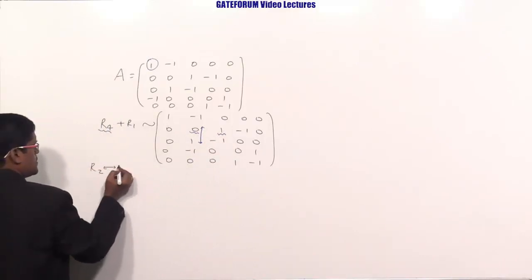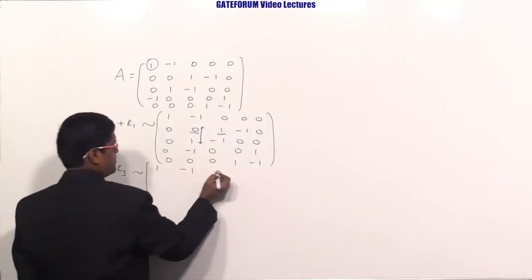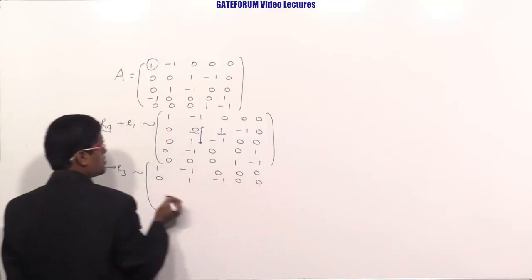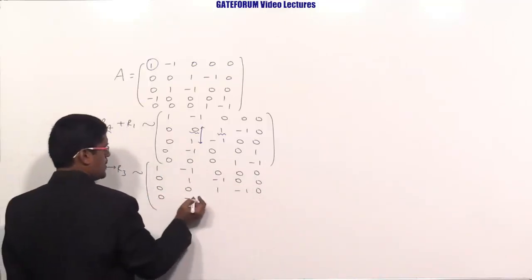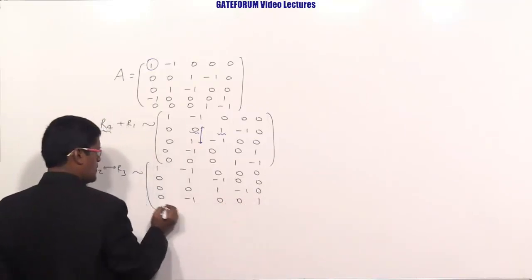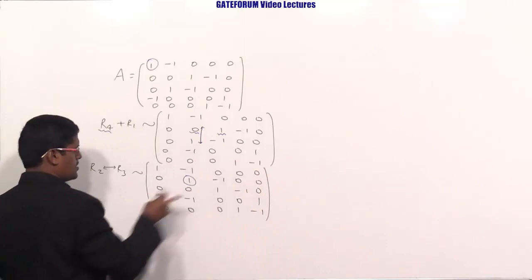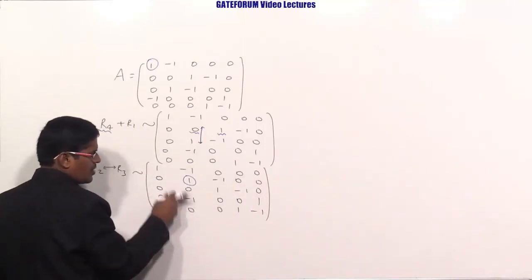R2 interchanges R3, equivalent to: first row same, second row now 0 1 -1 and 2 zeros, third row 0 0 1 -1 0, fourth row same, fifth row same. Now as usual, for the first non-zero element in the second row we have to make its down element 0, the R4 element, with the help of R2.